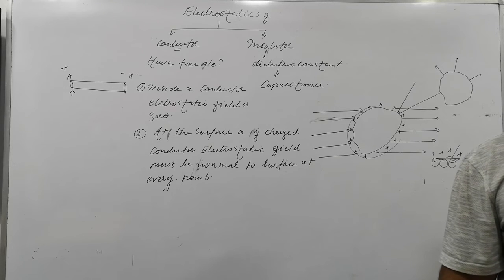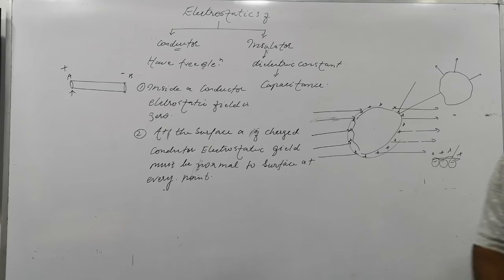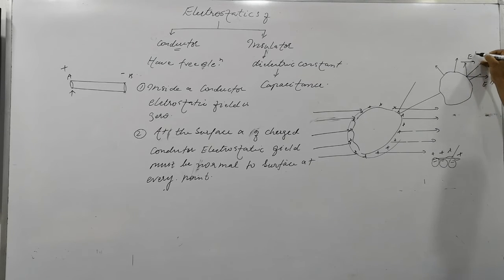Is that clear? Suppose I am taking the field direction is this here, and the direction of the normal is this here. We can divide this into two components, a parallel component and a perpendicular component. Is that clear? So which component of the field will make contribution in the direction of the field?